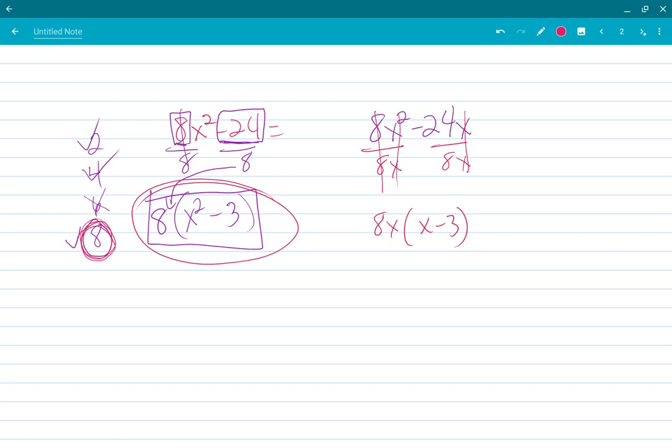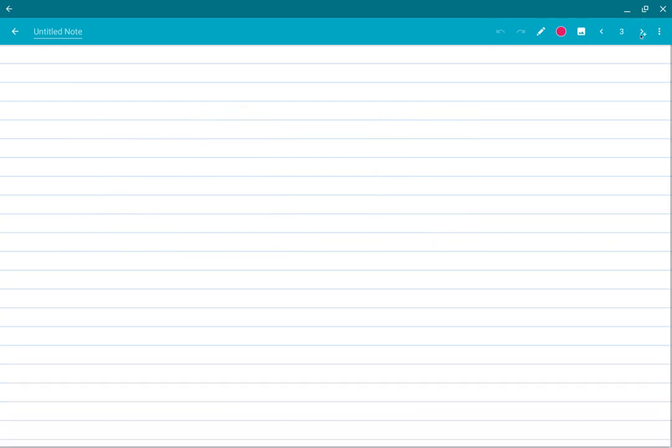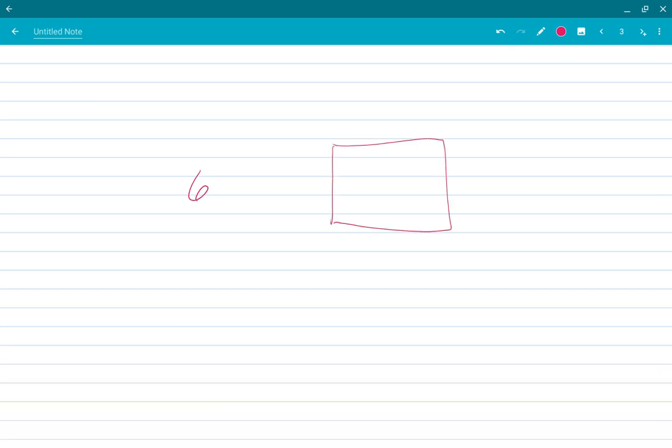I have another question. The second problem already gave us the greatest common factor, which is 6, but it's asking what is the width of the area model? Okay, so what are the numbers? It's 6x squared minus 18.